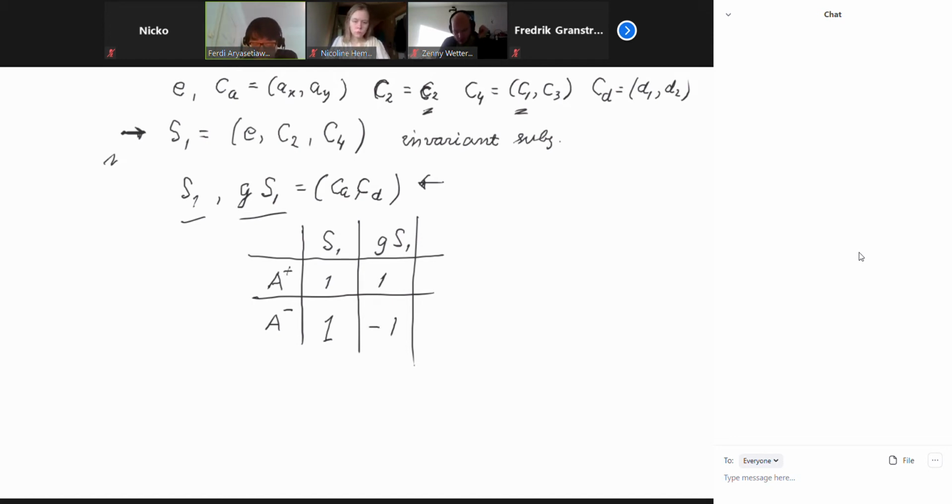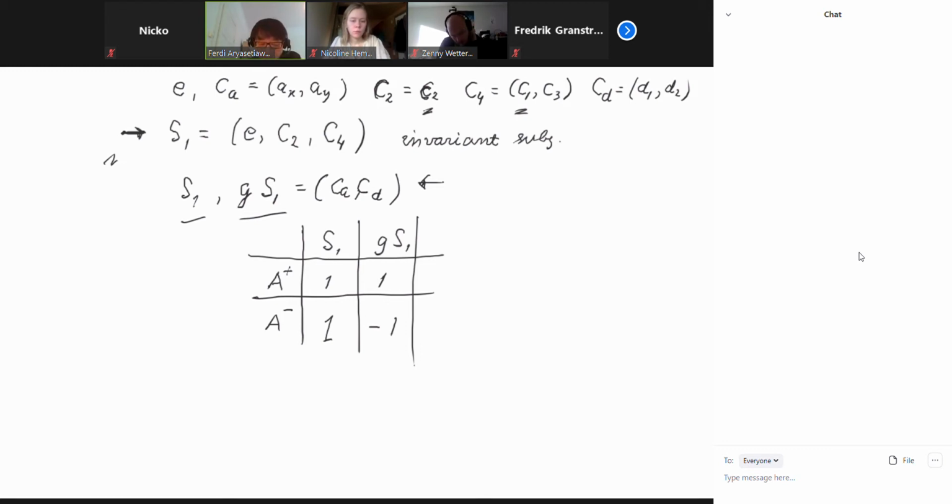So now comes the important step, that we can use this character table, or the representation for the factor group, as the representations for the original group, because of the homomorphism.